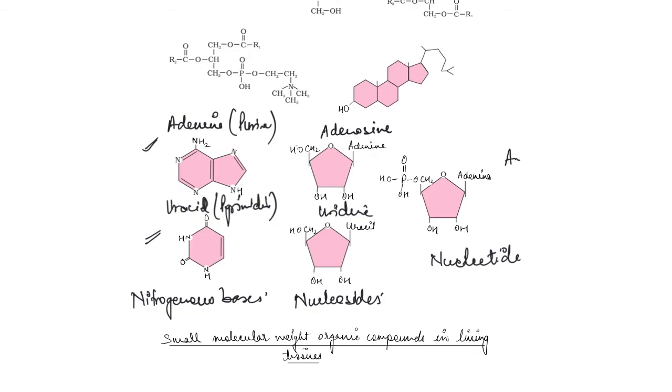This is adenylic acid. When a nucleoside is attached to a phosphate group, it becomes a nucleotide. These types of nucleotides form the basis of DNA and RNA. They are the genetic material, right?